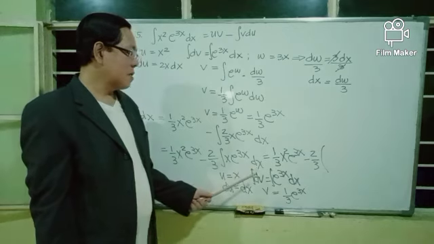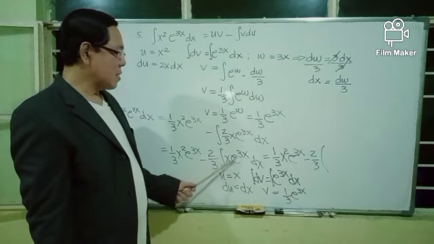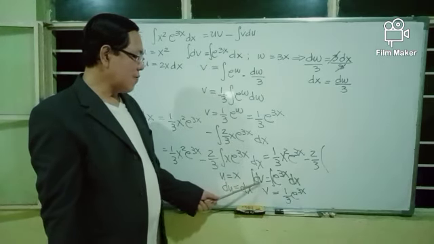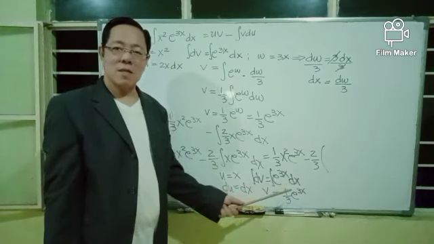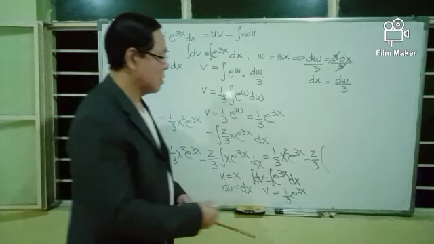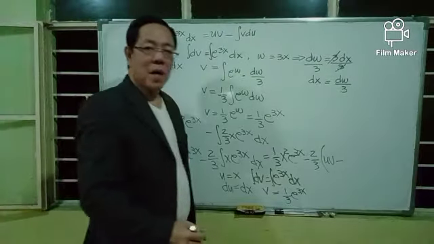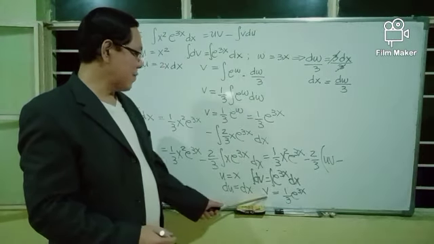Integration by parts, the integral of x e to the 3x dx with u equals x and dv equals e to the 3x dx is equal to uv minus the integral of v du.